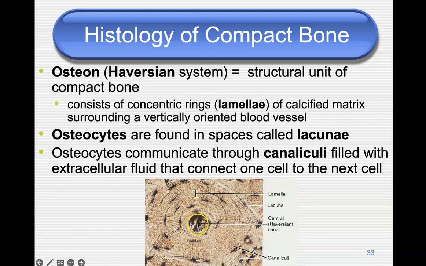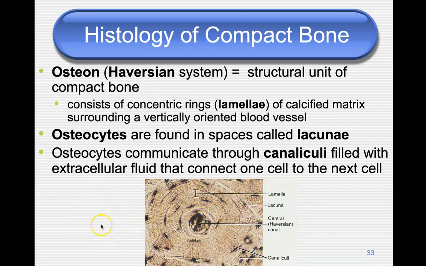So you can only go so far away from that central canal before you need another bone forming unit, right? Because these cells are at the back end of getting nutrients from that central canal. So you can only go out so far. So then you need another bone forming unit here with another central canal to feed those cells. So that's why you end up having these osteons in your compact bone.